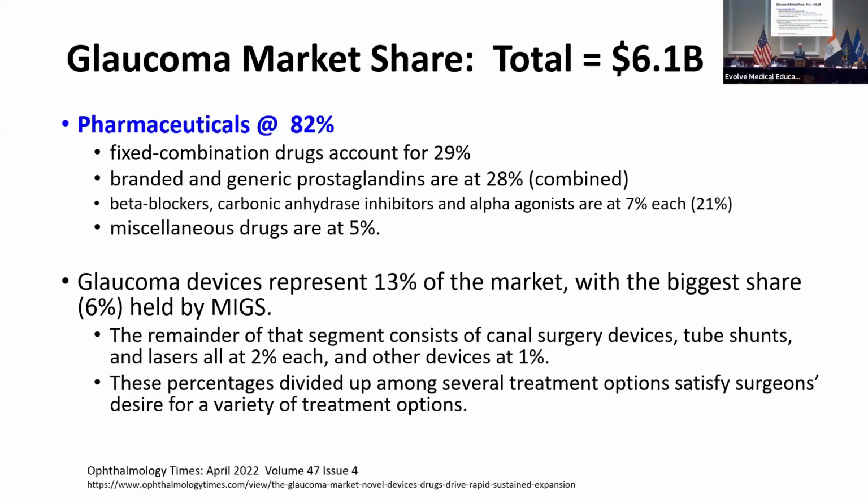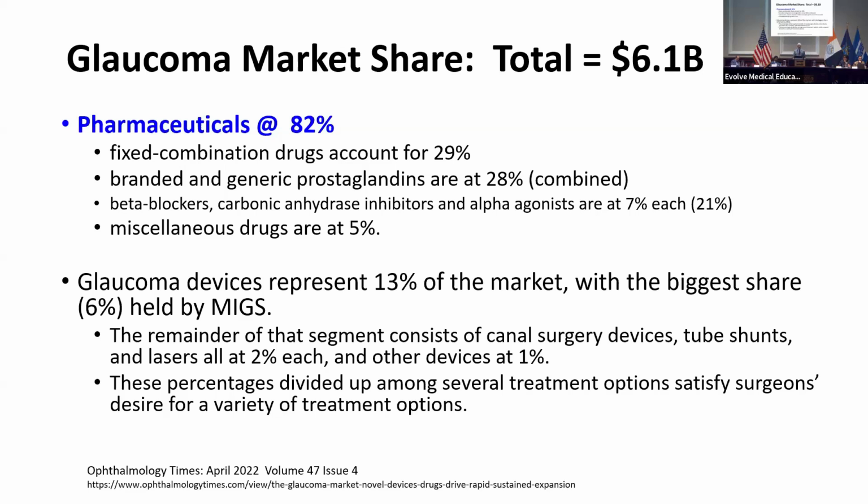I don't have prescription writing data. That was a little bit difficult for me to get my hands on. But this is glaucoma market share data from a couple of years ago. It was put out in Ophthalmology Times, and it just shows you the percent of dollars that are being spent on pharmaceuticals versus glaucoma devices and MIGS and other things. And this may be skewed in many different ways.